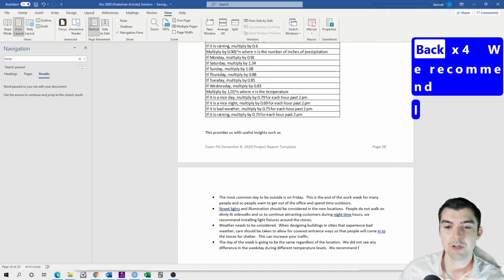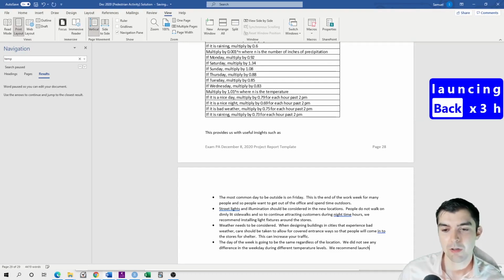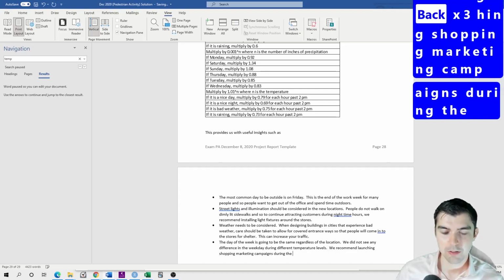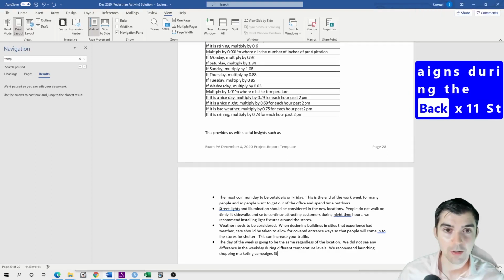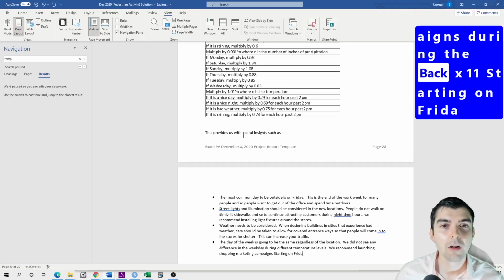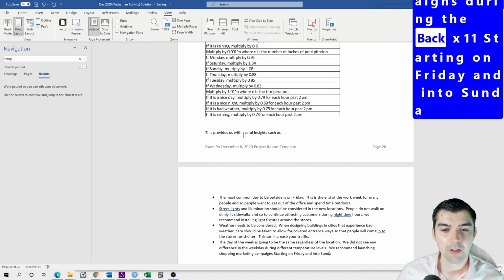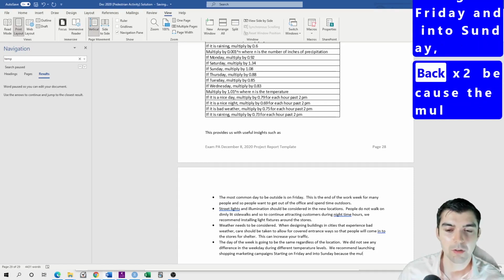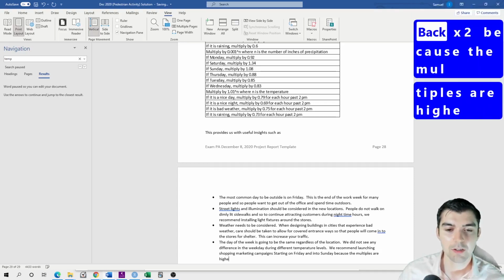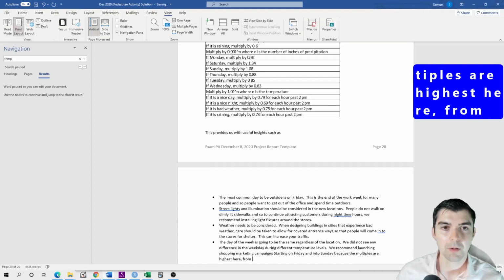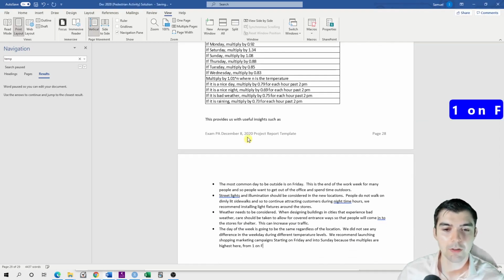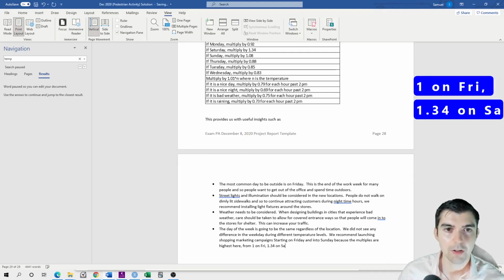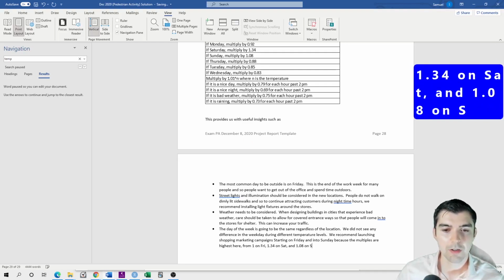So we recommend launching shopping marketing campaigns during the weekends, starting on Friday into Sunday, because the multiples are highest here: 1 on Fridays, 1.34 Saturday, 1.08 on Sunday.